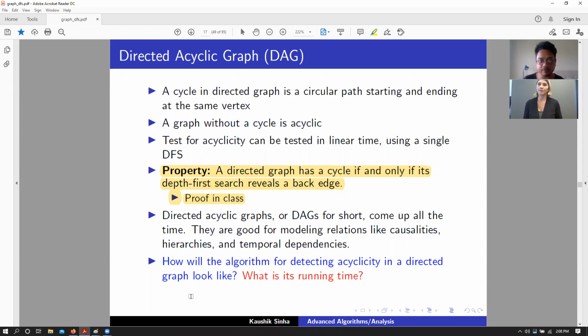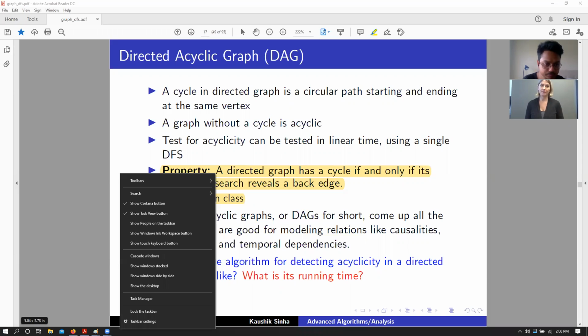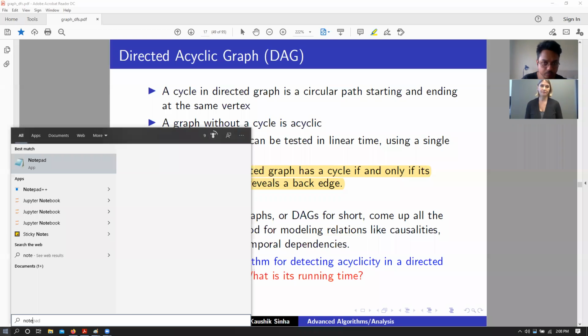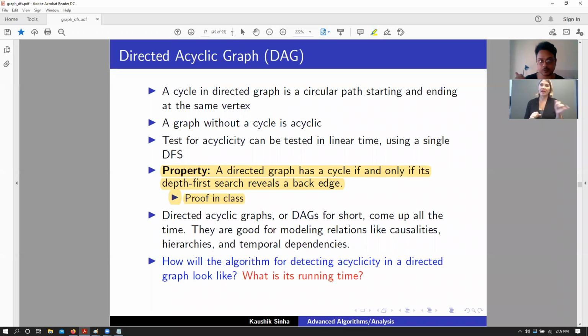But imagine a graph where A is connected to B, B is connected to some other node C, and C is connected back to A, right? So there we have a cycle.